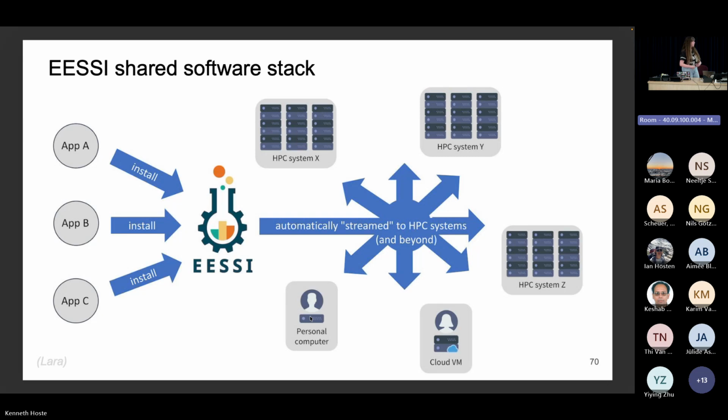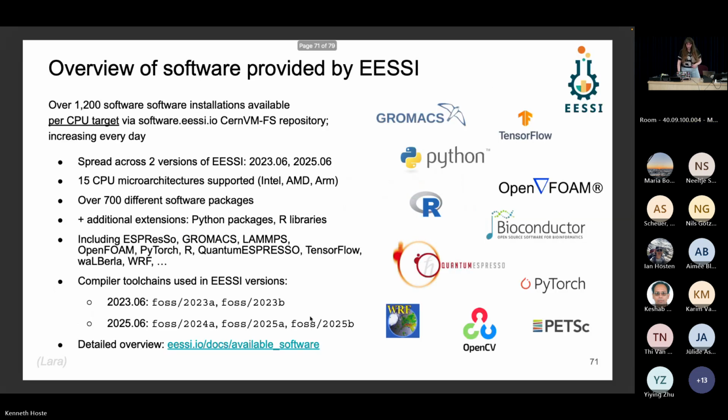So this is a little bit of an overview of the central software stack. On the left, you have all the applications that are in EESSI. And then on the right, you can see the different clusters. So EESSI actually streams to the different clusters, your personal laptop or cloud, where you then have access to the software.